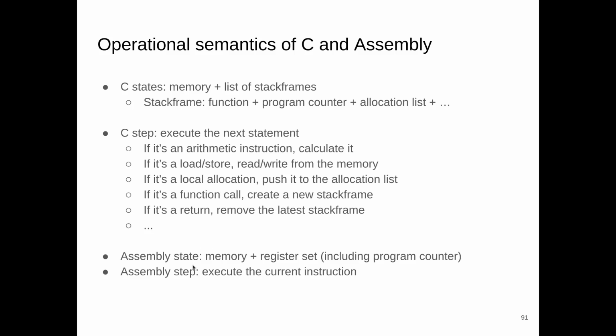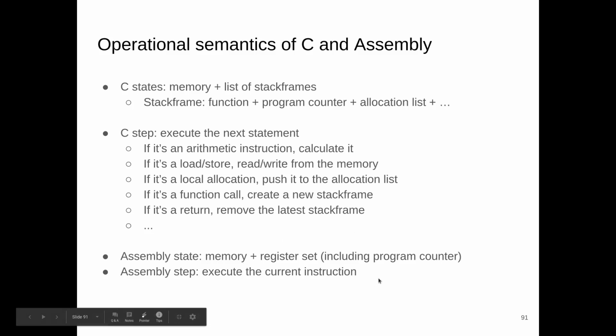Assembly states and steps are much easier because assembly has a memory and register file, and that's all. And the register set also includes the program counter. And a step in the assembly program is actually executing the program counter's instruction. So that has a much simpler semantics than the C programs. So you may know that actually CPUs are not constructed in this way.